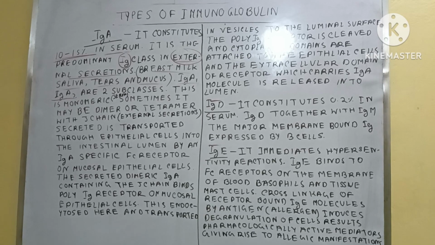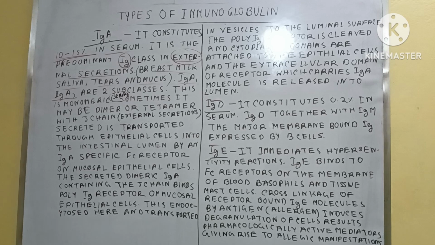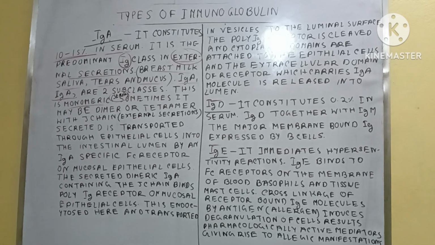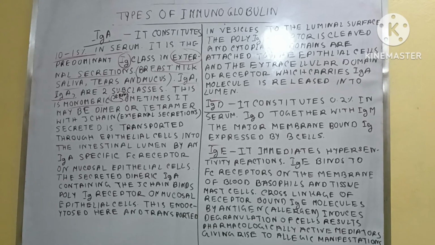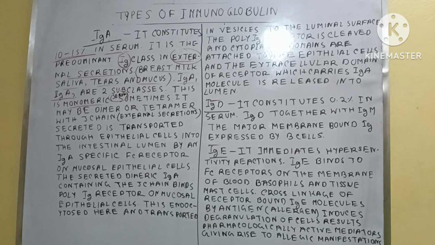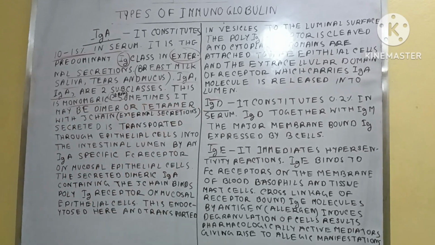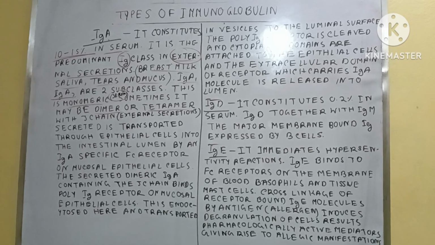And in the serum we find it in the form of a monomeric, or individual, molecule. But in the external secretions they remain either in dimeric or tetrameric form. That means they remain either as a dimer or a tetramer.